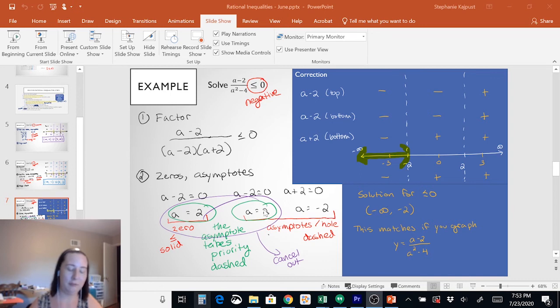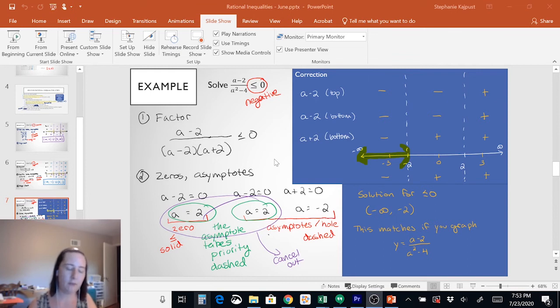There's an alternate way that I recently discovered to graph this. But the way I'm looking at it here does work. You have to include the point that you canceled out on your sign chart, because anything that's excluded has to exist on it. So we have both -2 and 2 on the sign chart. It's excluded because it's a hole.